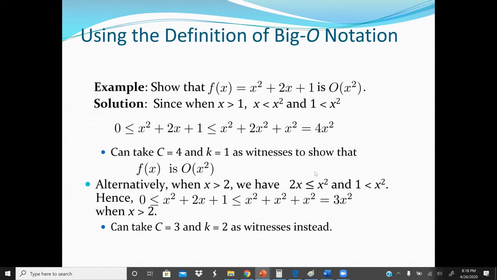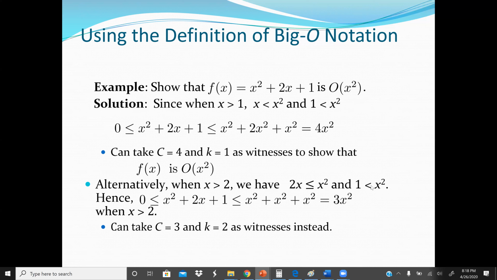But if S is 2, they will be equal, because 2 times 2 is 4, and 2 squared is 4. So the condition is that when S is greater than 2, then the second term 2S will be less than or equal to S squared. When S reaches somewhere around 100,000, then 2S will be irrelevant.